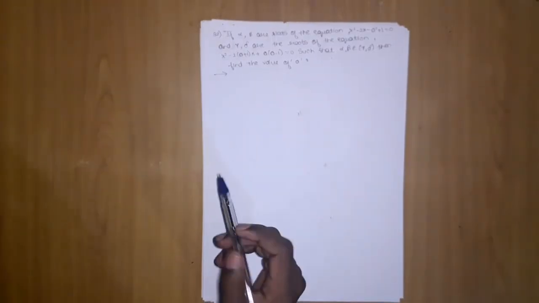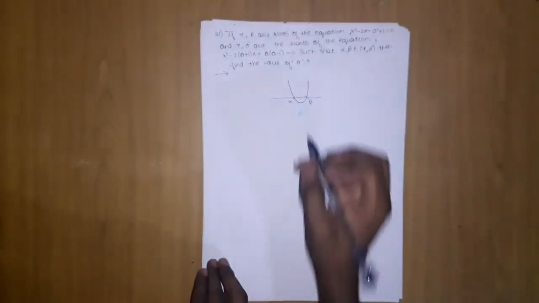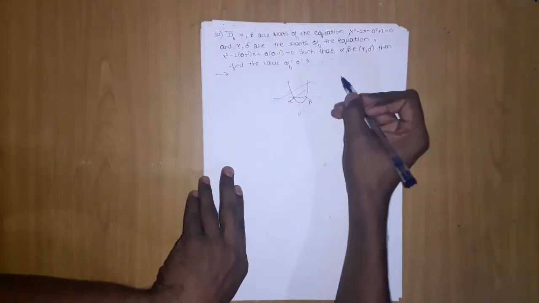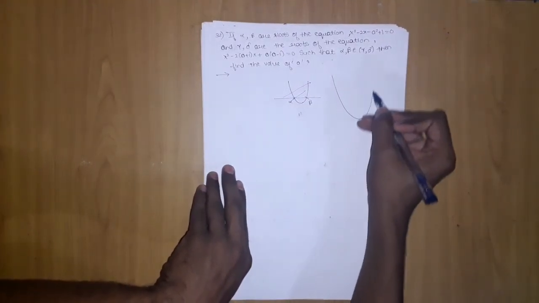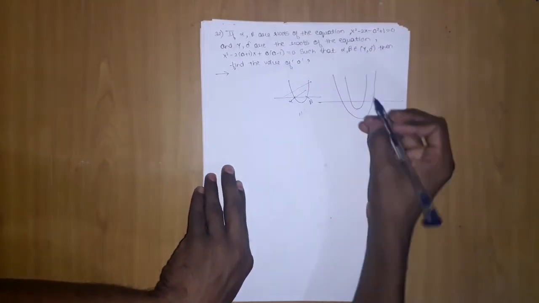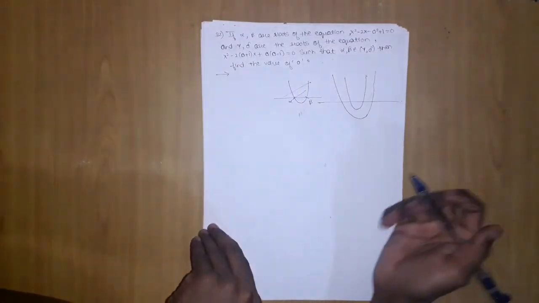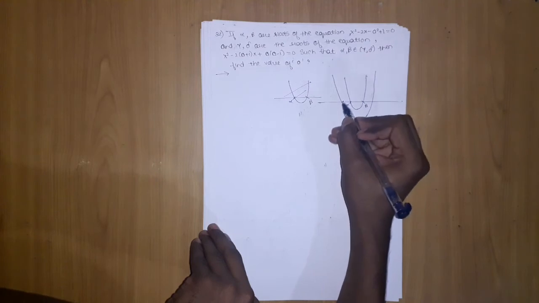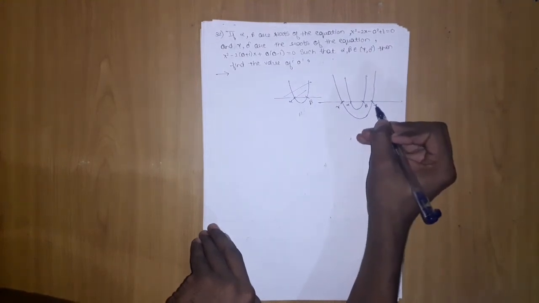So if I find alpha, beta, listen, if it is a quadratic equation, its roots will be alpha, beta, like this. Let me make another diagram. If I have alpha, beta as this, then they are telling it will lie between gamma and delta, which are the roots of this.